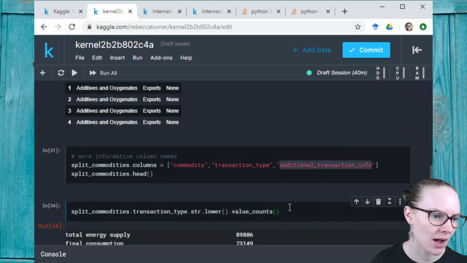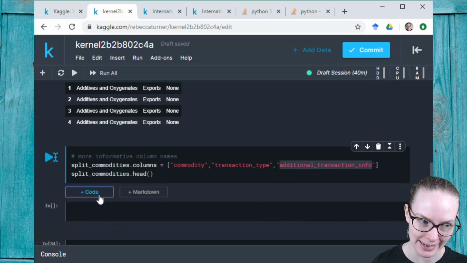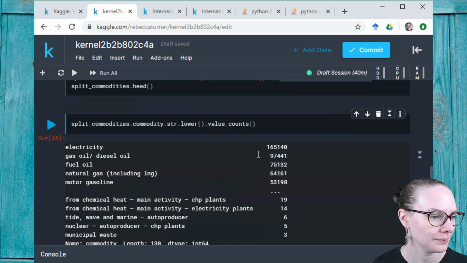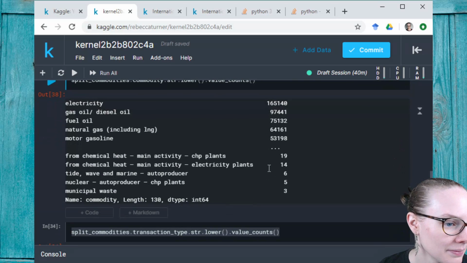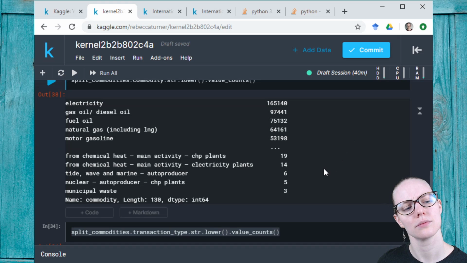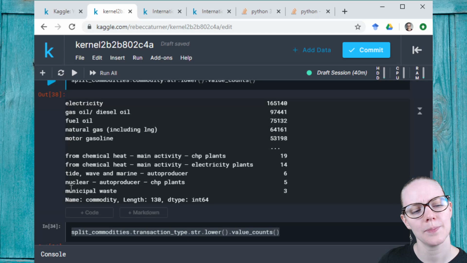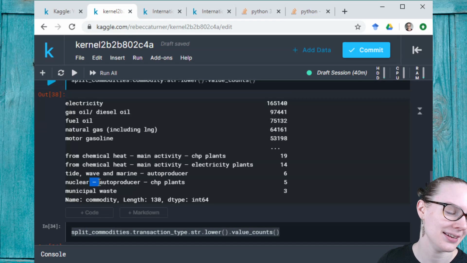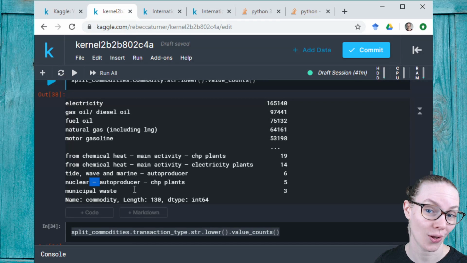The transaction type column is going to need some work, and my guess is that the commodity column is also going to need quite a bit of work. I'm confused by the presence of these since we split on those.